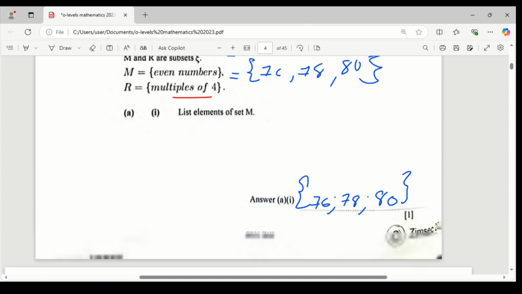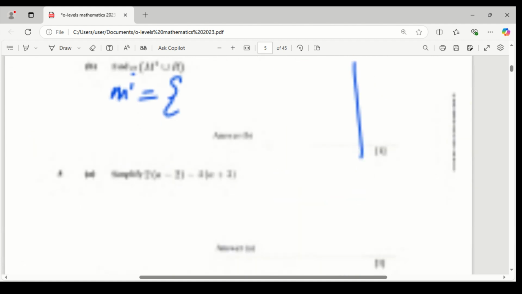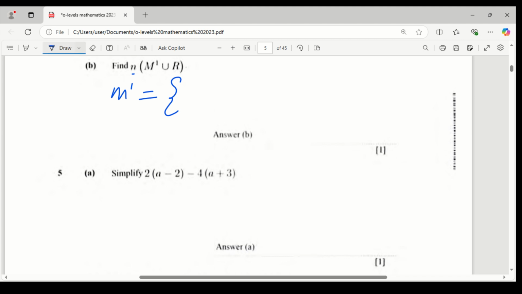So we are going to write here M complement. So the elements of M complement are 75, 77, 79.